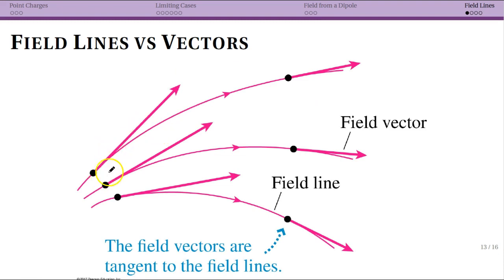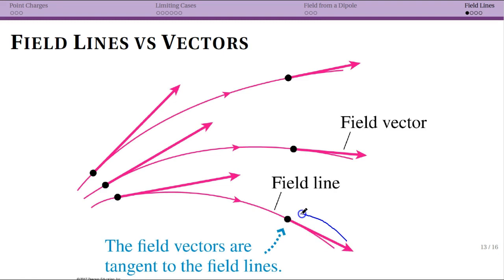So vectors are then at individual points and they have a magnitude and a direction. So vectors we already talked about. One thing to note is that the vectors are always tangent to the field line at that point. And again, this field fills all space, but we can't really represent it that way. We can only represent it visually at certain points. So notice that the field vectors are always tangent to the field lines at that point, not everywhere, right?